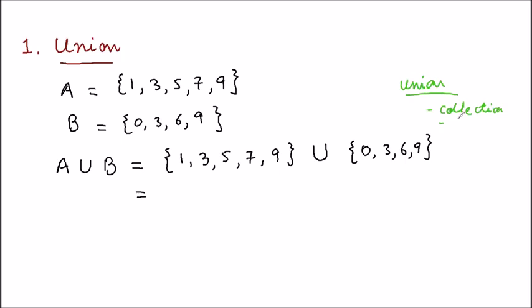When many things combine, it is called union. So when we combine all these elements, it will become a set which contains all the elements present in both the sets.